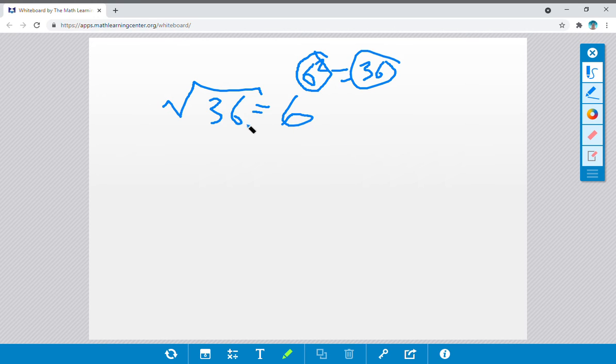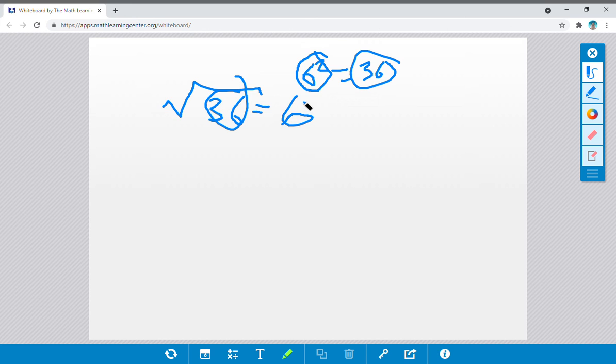we need to find two numbers. This will be divided into two numbers, or you can just do it without the prime factorization. Let me teach you without the prime factorization first, and then we can get to the prime factorization part. So this is 6 because we need to find two numbers which are the same and also equal to 36.